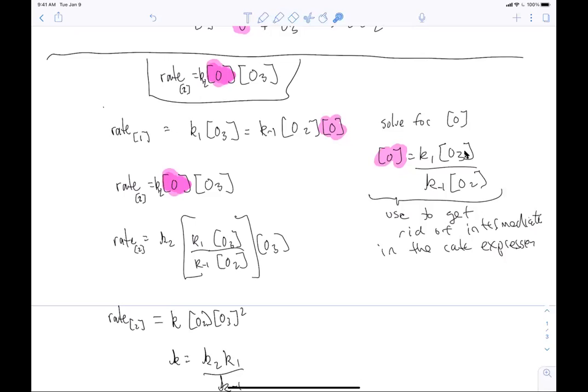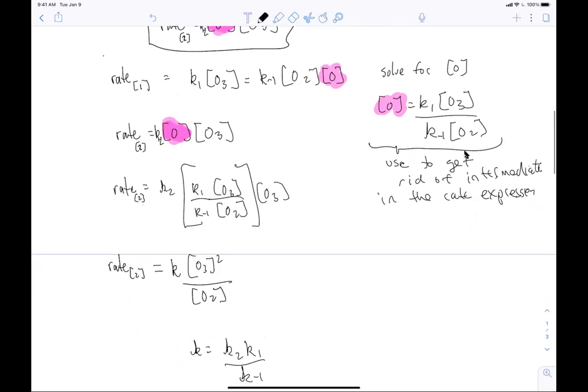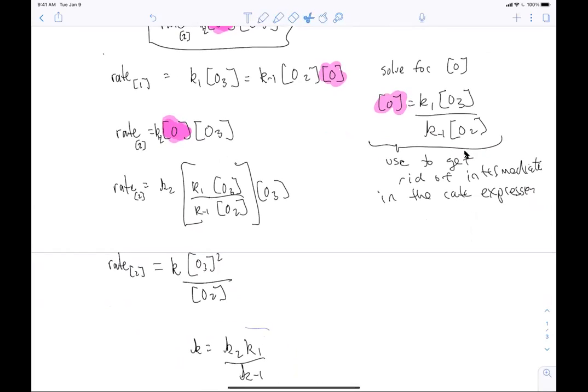Yeah, that's just me making a mistake. Thank you. I'm glad you caught that. Yeah, the oxygen concentration doesn't magically float up into the numerator there.